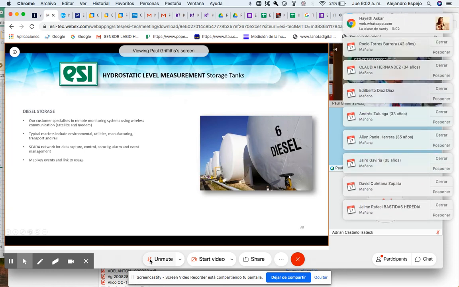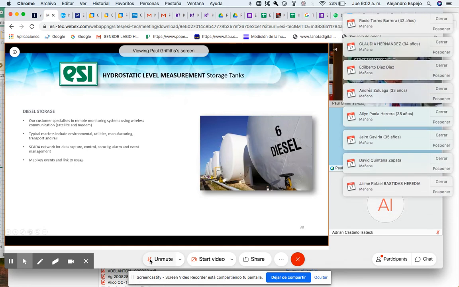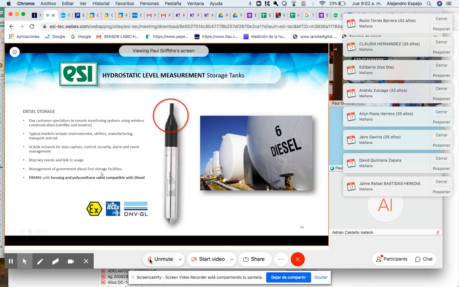And they make a system that measures the level and contents of a tank, and that can be communicated wirelessly or by some SCADA system to a central location, so that it's security really, that the owners can keep a very close watch to make sure that the diesel is not being stolen or used inappropriately. So very nice system that they manufacture.